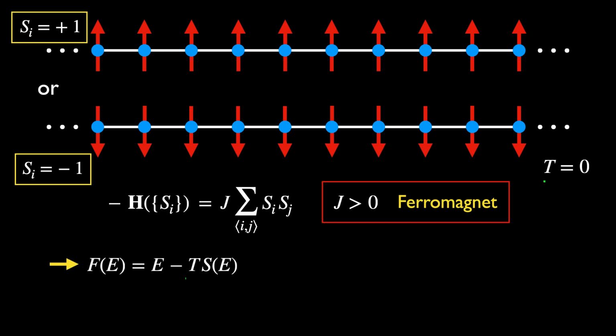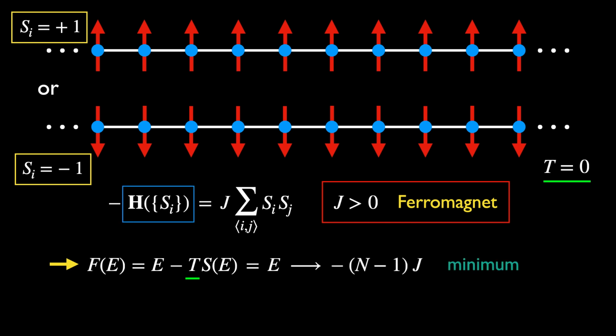At T equals 0, the entropy term may be dropped, and F is minimized by just minimizing the energy. It is easy to see from the Hamiltonian that this is just the negative of the total number of nearest neighbor couplings, which is n-1 times J. This is precisely the energy of the two configurations above.